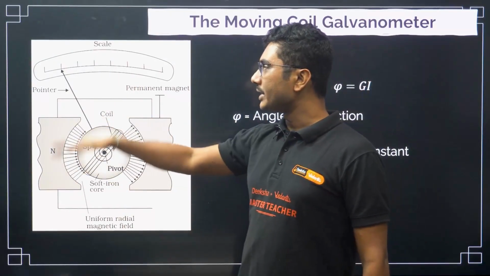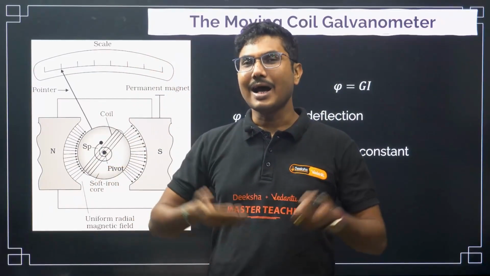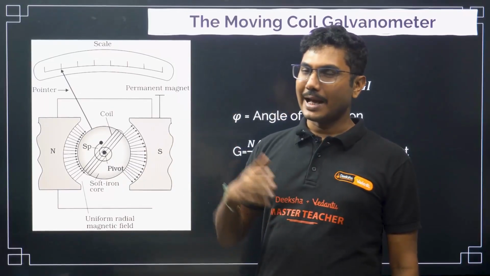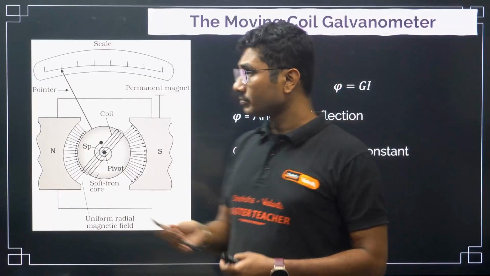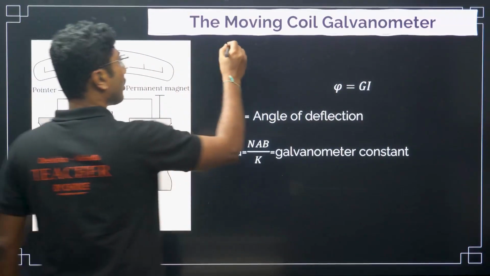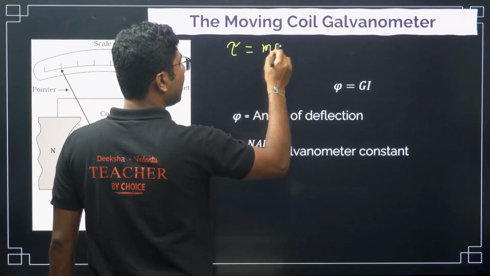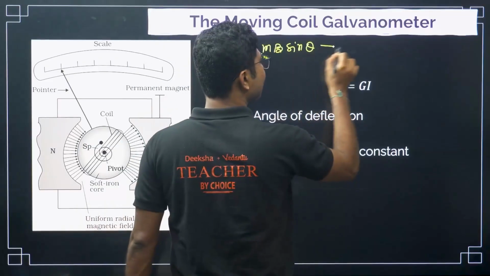If you can measure the torque directly, you can measure the current. Higher the current, higher is the torque, right? You have seen that it is basically magnetic moment into magnetic field. So torque was MB sin theta, right? What was M? M was NIA.